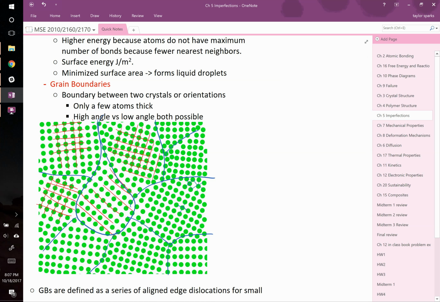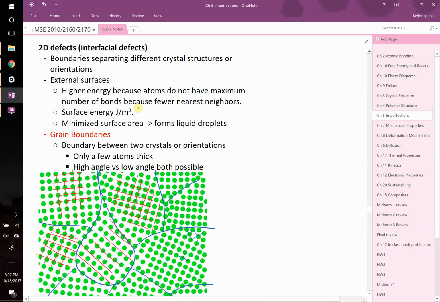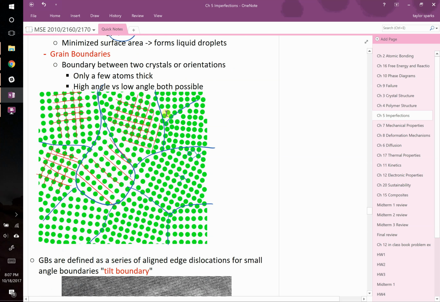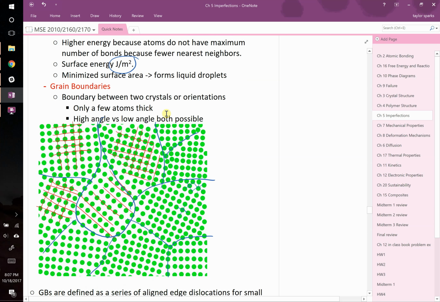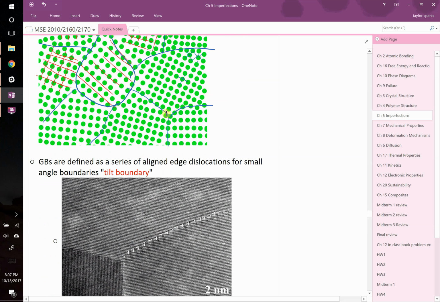And so along grain boundaries, you always have regions of higher energy because of dangling bonds or too many bonds or stress or atoms being stretched. And so these all cost energy. And so we typically talk about them with having an energy in joules per meter squared. Okay, so grain boundaries are the first type of two-dimensional defect that we're going to talk about, but there's other ones.